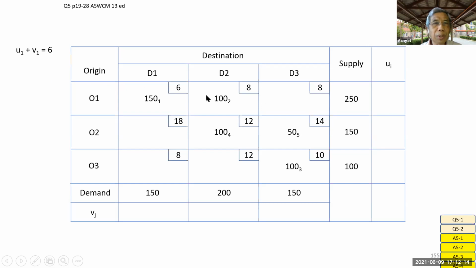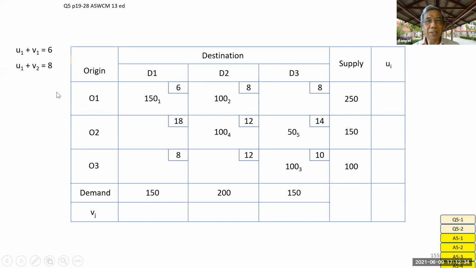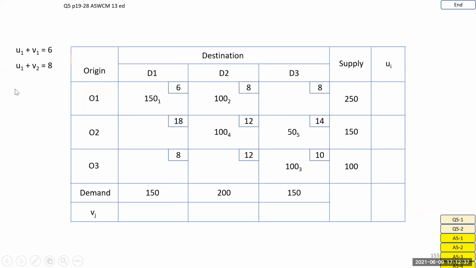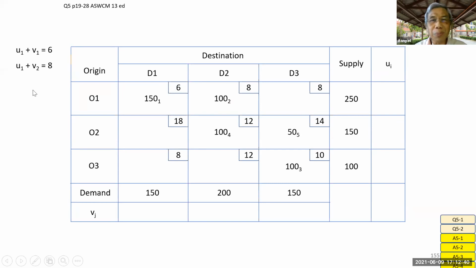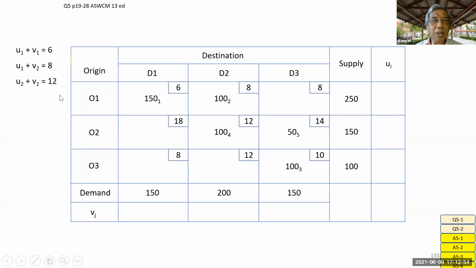U row 1 plus V column 1 equals Cij, 6. Then do we have any more here? This is also a basic cell. U1 plus V2 equals 8. You write on a separate part of your paper. Then row 2: U2 plus V2 equals 12.